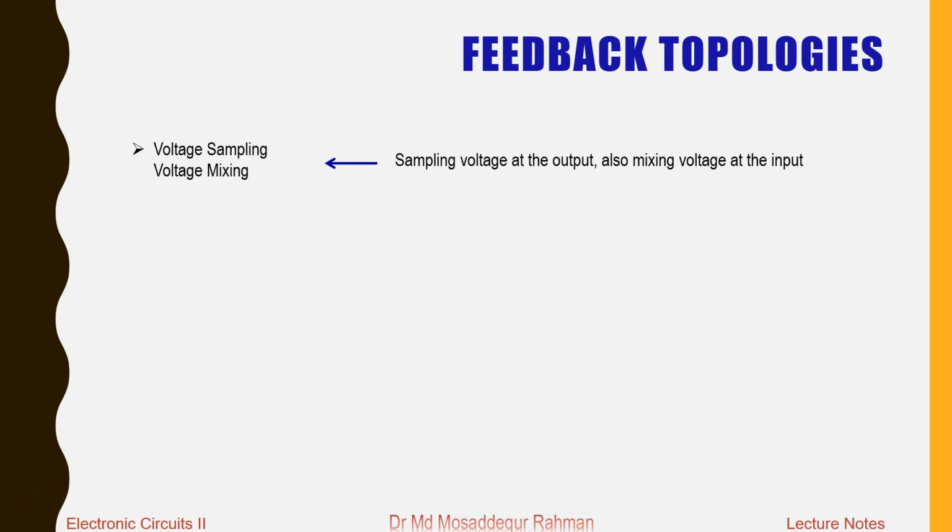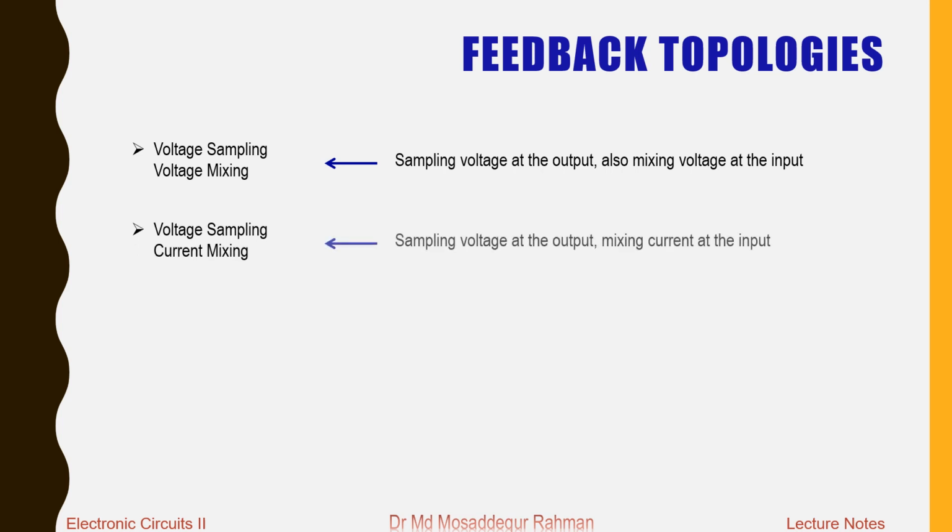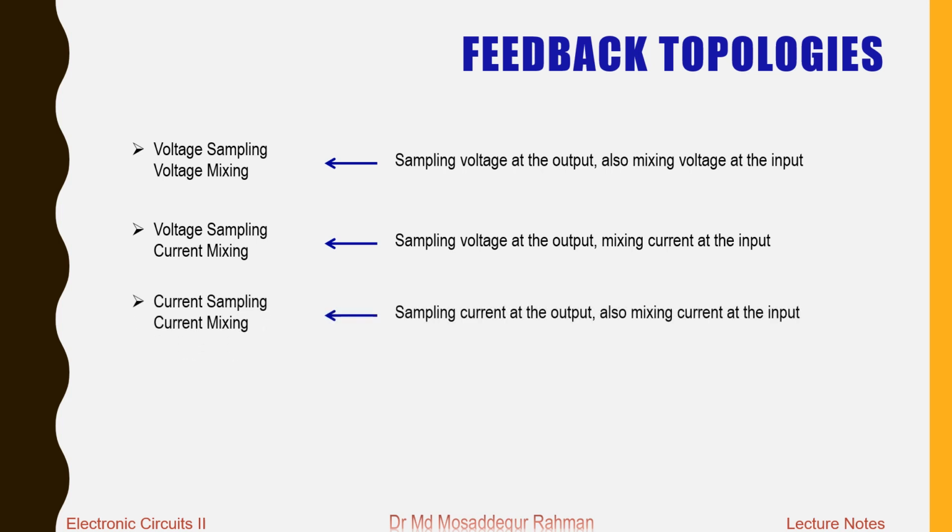So both the input and output signals are in the form of voltage. Next, the voltage sampling, current mixing. So at the output it is sampling the voltage, but at the input side the signal is in the form of current and mixing current at the input side. So that is another feedback topology. Then we can have sampling current at the output and also mixing current at the input.